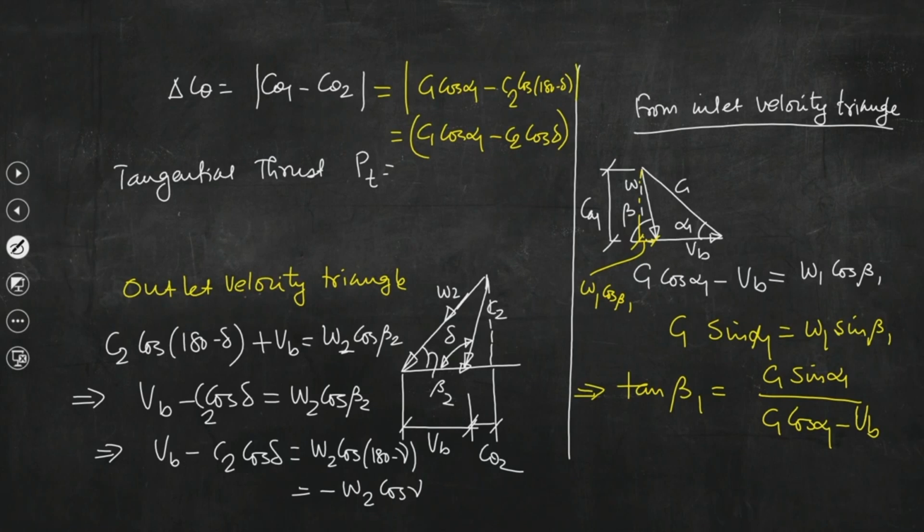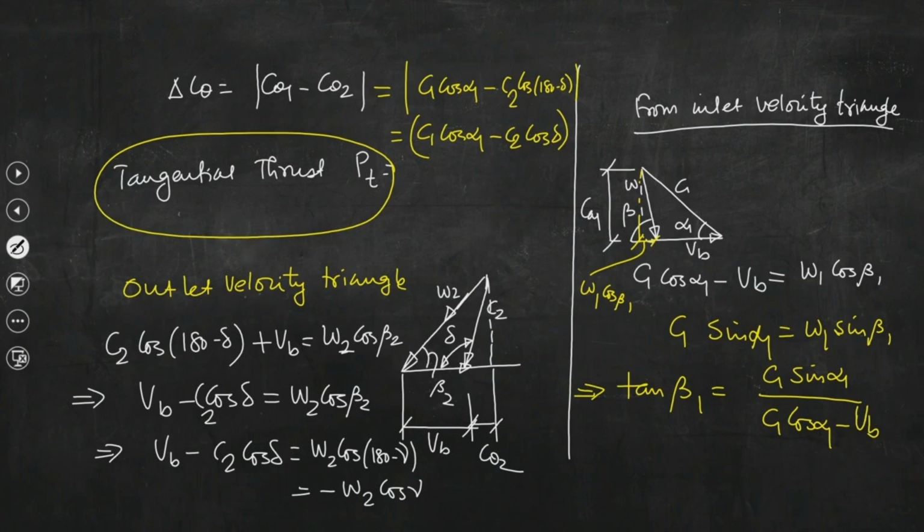And what about axial thrust? This axial thrust that we had written over here, if we go to the next slide. So, you know that C1 cos alpha 1 minus C2 cos delta.